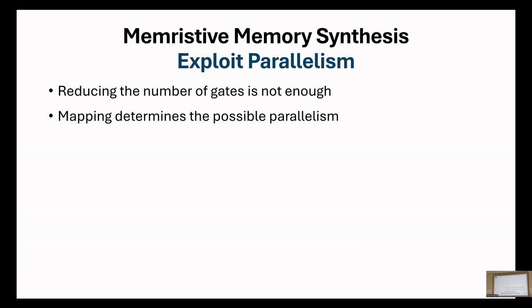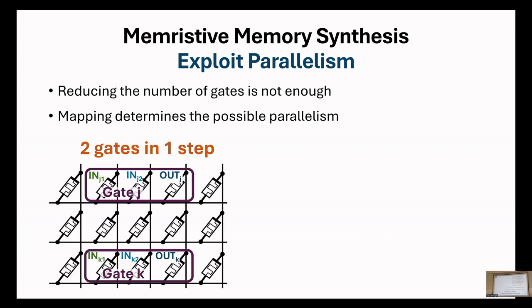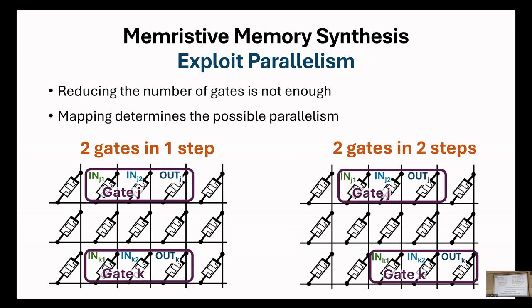Why? Because reducing the number of gates is not enough, and the mapping also determines the possible parallelism. For example, here we have 2 gates which are aligned, so we can execute them in the same step, in one step. But here we have 2 gates which are not aligned, so we can't execute them in the same cycle, and we need 2 steps for it.